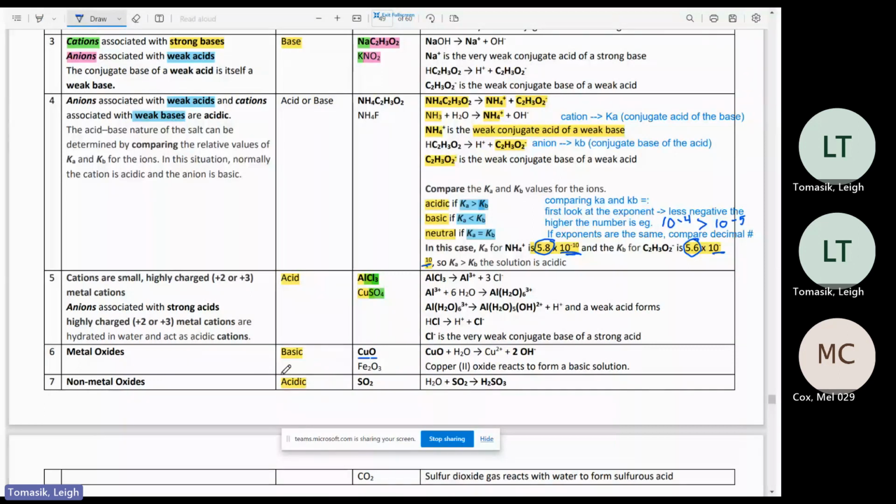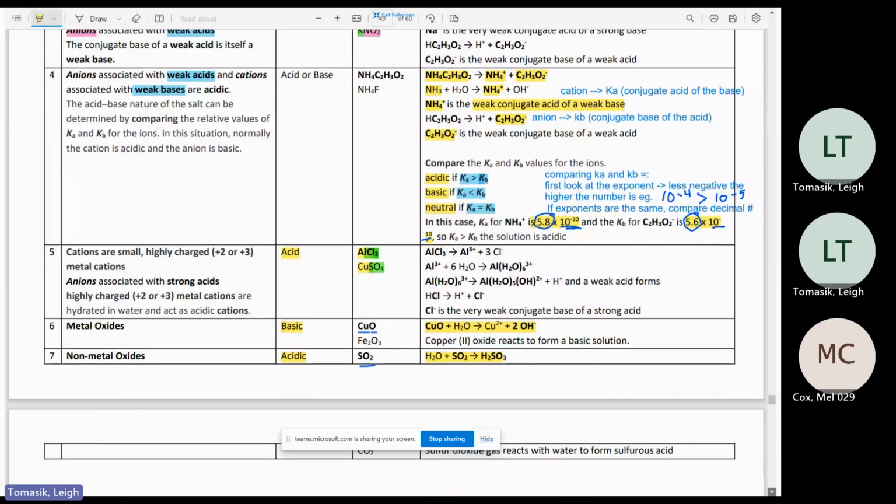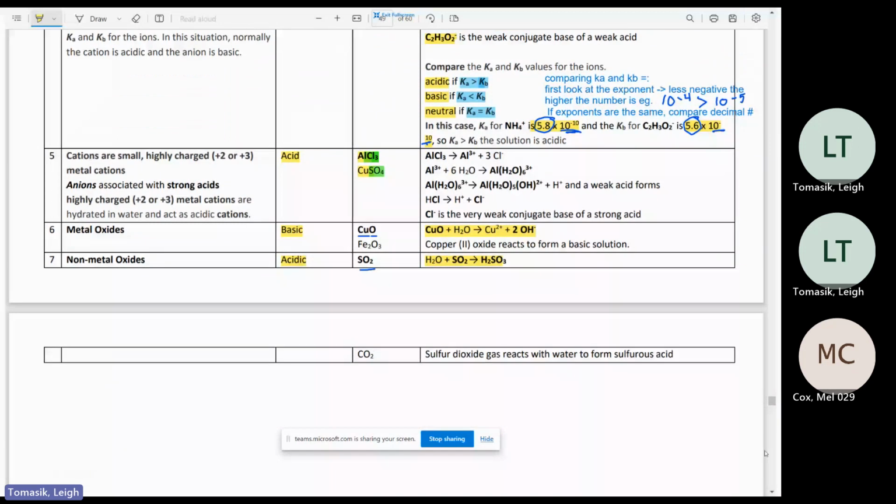And if you have a non-metal oxide like SO2, that's going to be acidic when you dissolve it in water. That's because when you mix copper oxide with water, you get OH minus. And when you mix a non-metal oxide with water, you get an acid. So that's how we tell whether salts are acidic, basic, or neutral.